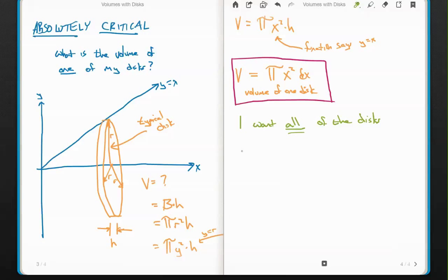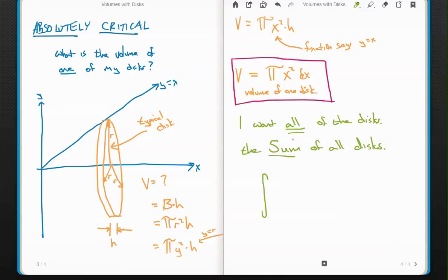The sum of all disks. And so how do I get the sum? Oh yeah, this thing here. It looks like an S for a reason. It's the sum of all the disks.